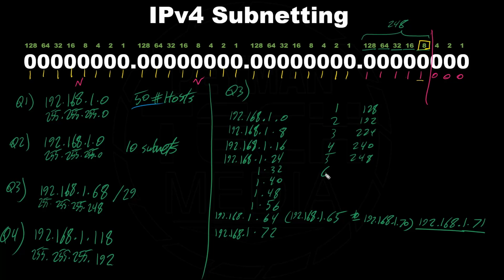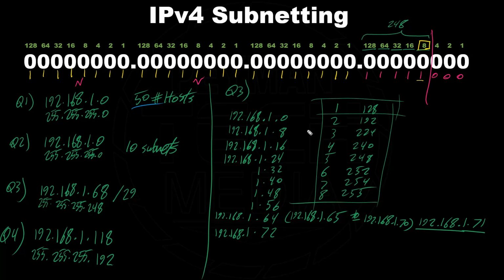If 6 bits are borrowed, it is 252. If 7 bits borrowed, 254. And 8 bits borrowed, 255. This is also a table. It's a good idea to memorize this. So anytime 1 bit is borrowed, or let's say 2 bits borrowed, what would be the actual decimal value?